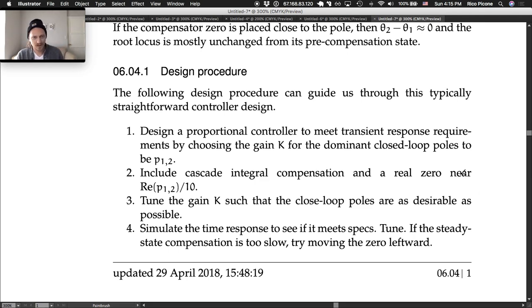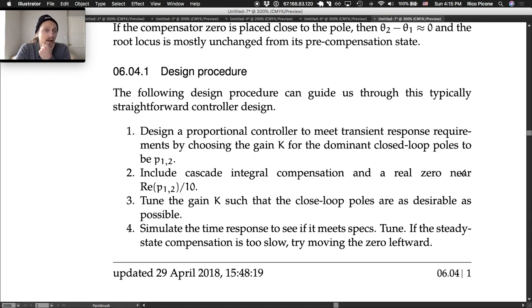Okay, so first design a proportional controller to meet the transient response requirements by choosing the gain K for the dominant closed loop poles to be P12, so whatever that location is to meet the transient response criterion. So if it's percent overshoot, or if it was the rise time or settling time, these are the transient response criteria that we would be designing for.